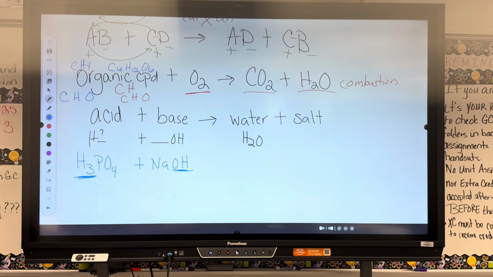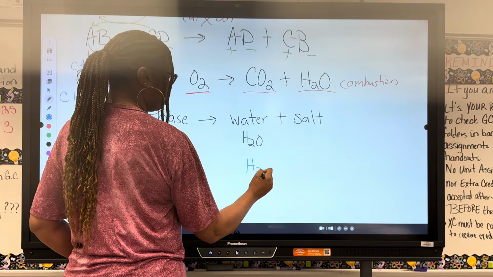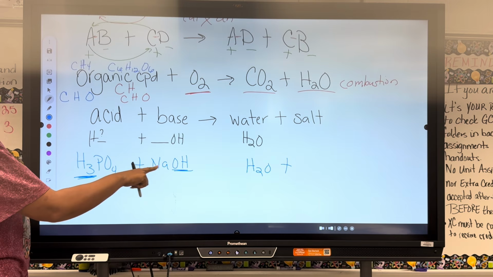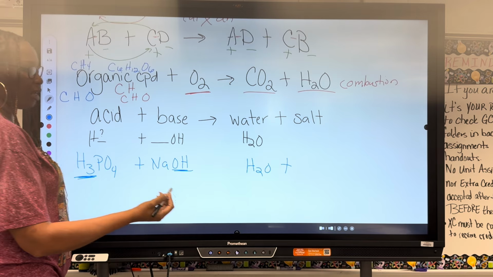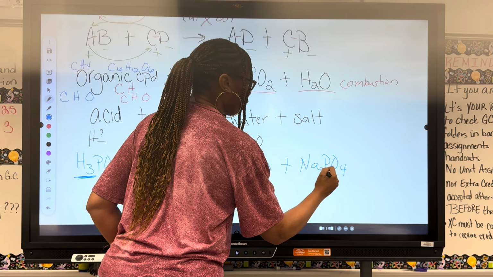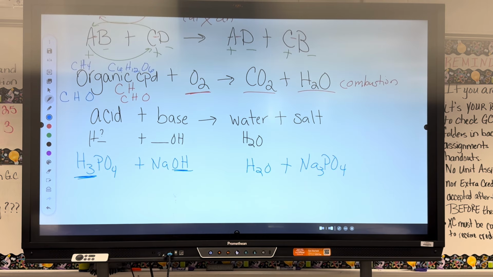Again, remember we talked about with balancing, that hydrogen and that hydroxide are going to come together. One of my products is going to be water, and the other one is going to be a salt. And that salt, in this case, is going to be sodium phosphate, because the sodium is going to react with the phosphate, PO4. All right, so that's an acid-base.